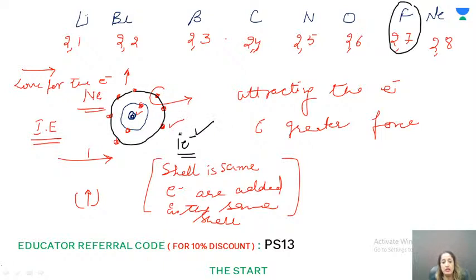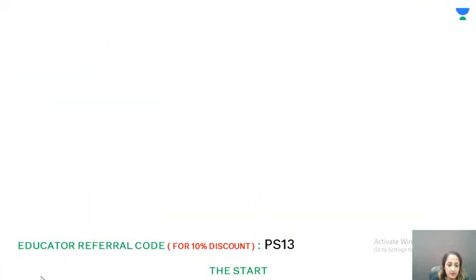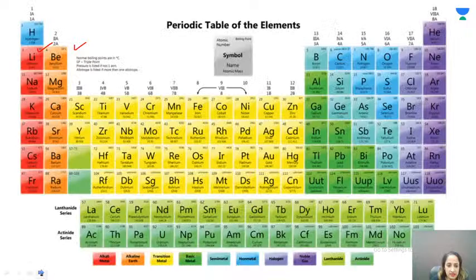It will attract that 1 extra electron with much force, and its electron affinity is way higher as compared to lithium. So as we move along the period, the electron affinity of the atoms increases. It is the nuclear forces because of protons and neutrons; we call them nucleons, and that is what attracts the electrons.